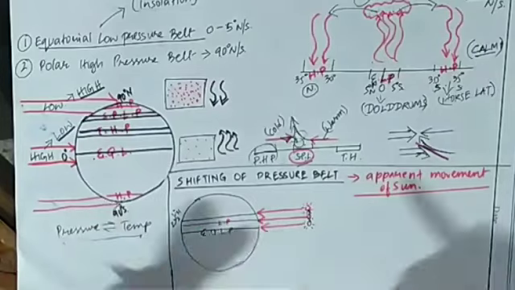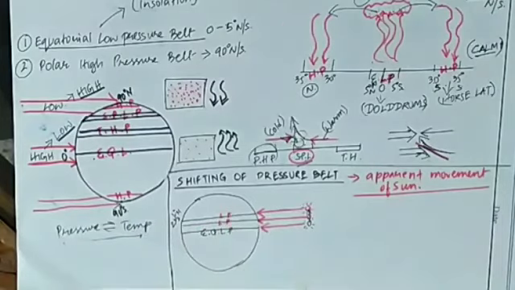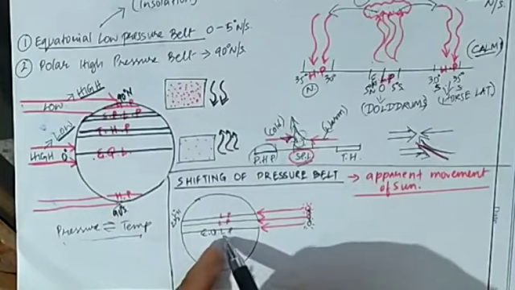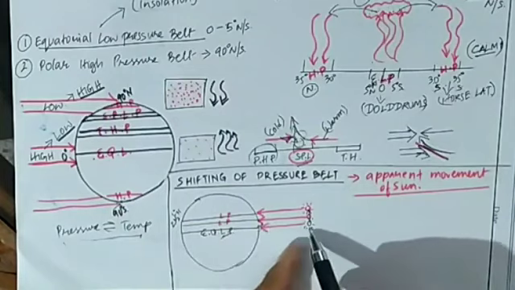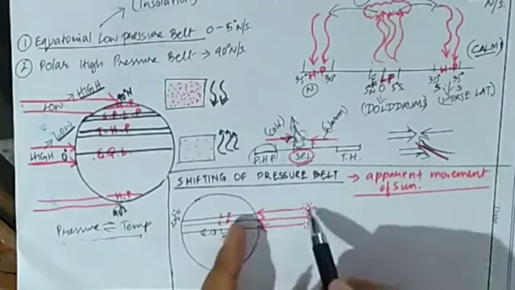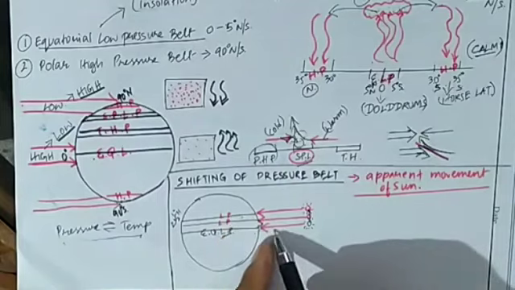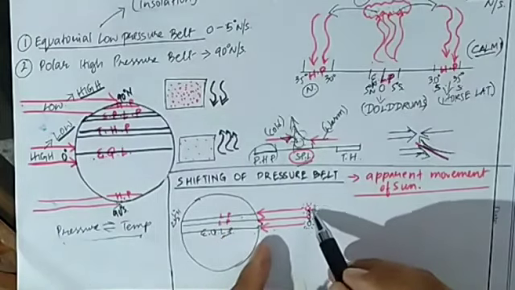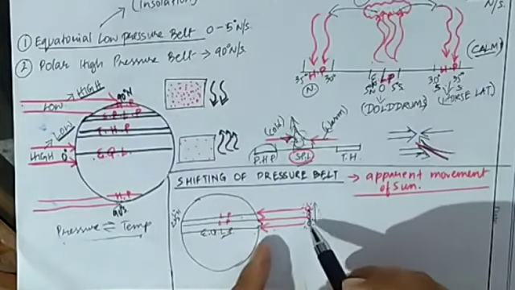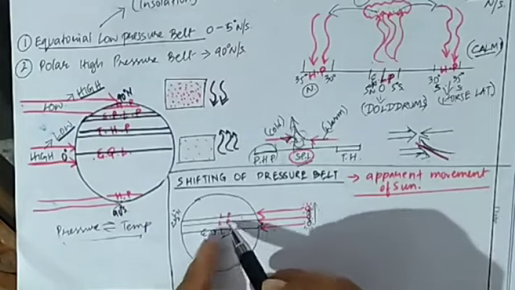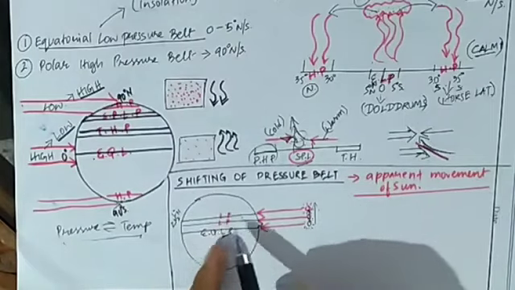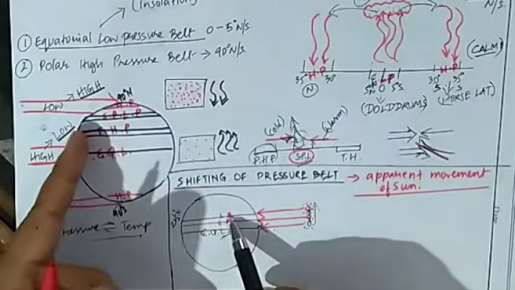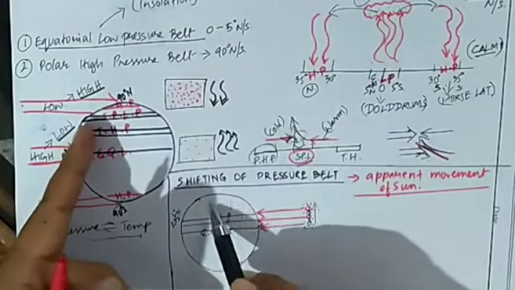That means the latitude which was experiencing the low pressure earlier, now the low pressure will form over the Tropic of Cancer, isn't it? So this shifting of low pressure has occurred due to the shifting of the sun towards the Tropic of Cancer. Understood?